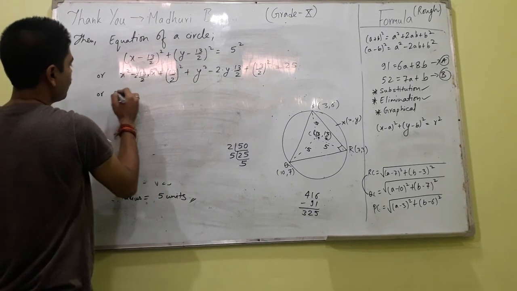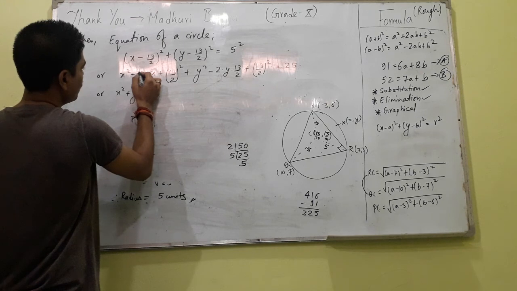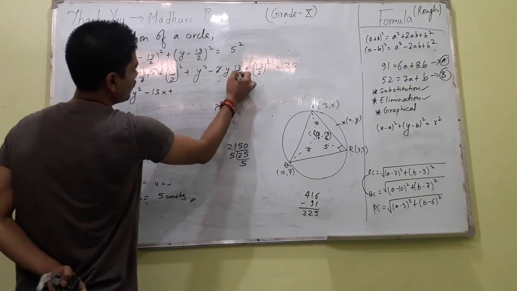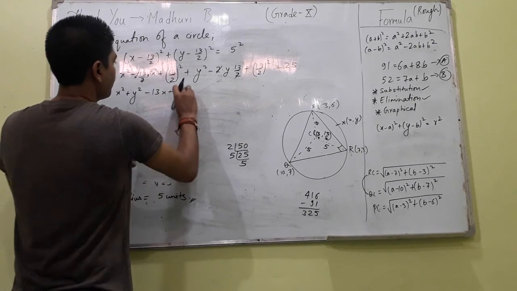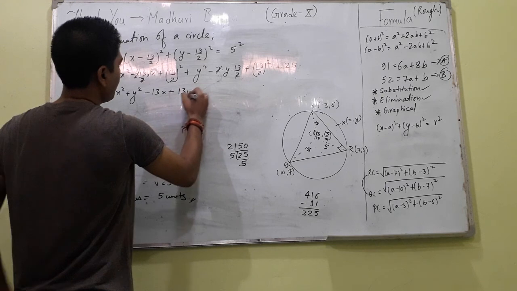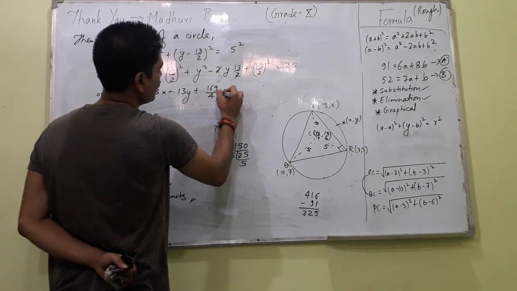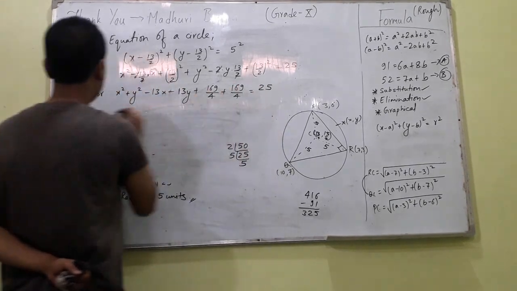Or x square plus y square minus 13x minus 13y plus 169 by 4 and 169 by 4 equals to 25.